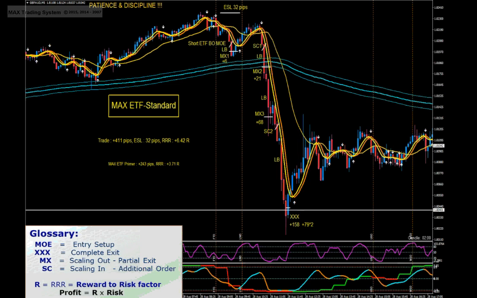So we have to take this into account. And so that global context will tell us in which direction we have to trade. If the context tells us for the pound Aussie that we have to trade the pound Aussie short, then we will ignore the long trades as long as the context has not changed. If the context changes at some point to the long side, then we can consider taking the long trade and we will ignore the short trades.